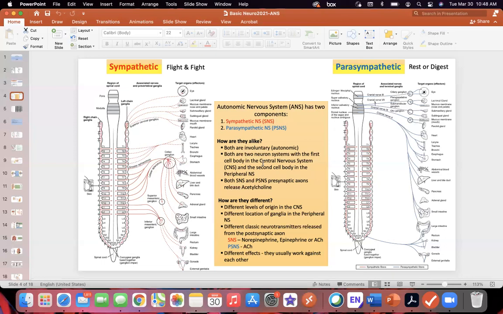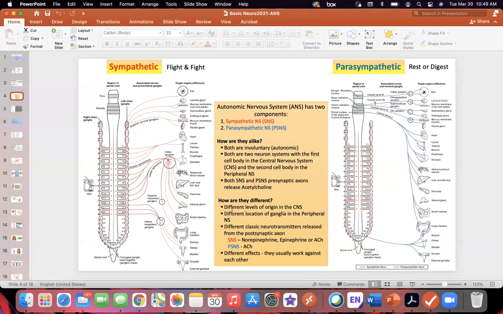Do you remember in the last slide I showed somatic is a one neuron system, but autonomic is a two neuron system, both sympathetic and parasympathetic. Okay, and the cell body of the first order neuron lies in the central nervous system, and the cell body of the second order neuron lies in the peripheral nervous system. Those collections of cell bodies are called ganglia.